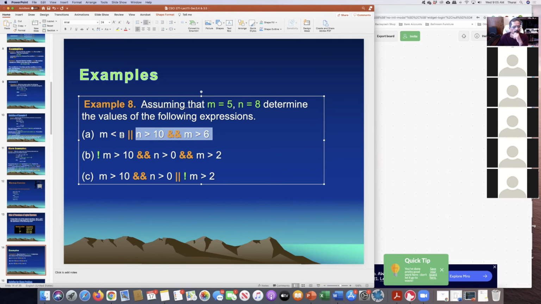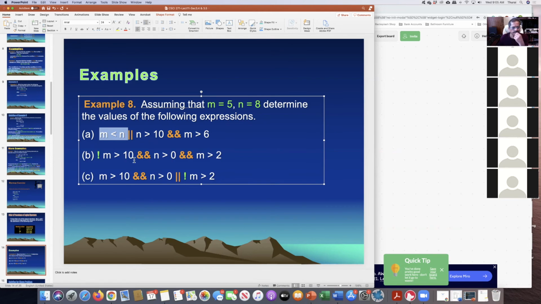Now we have an OR operator next, and the right side of OR operator is false, but the left side is true. So therefore, the whole thing is true, because that's an OR operator. Any question on that? All right.